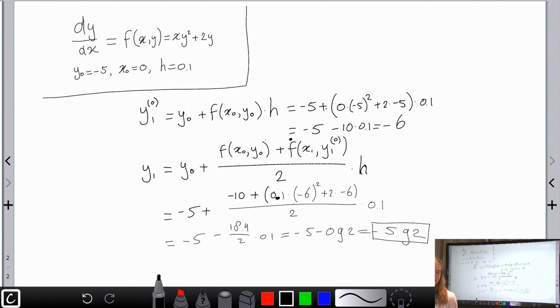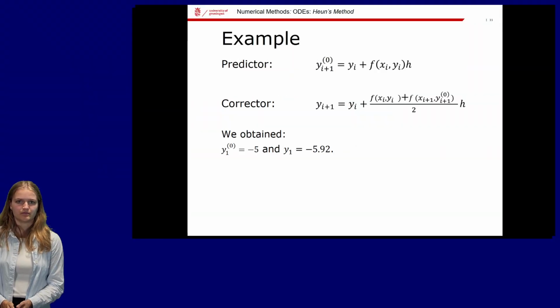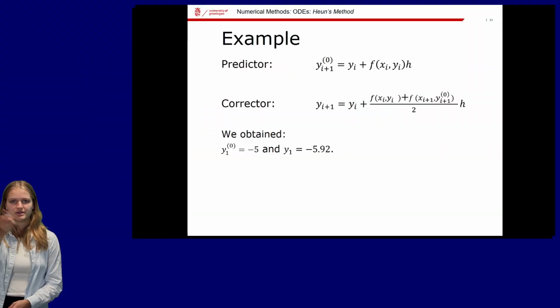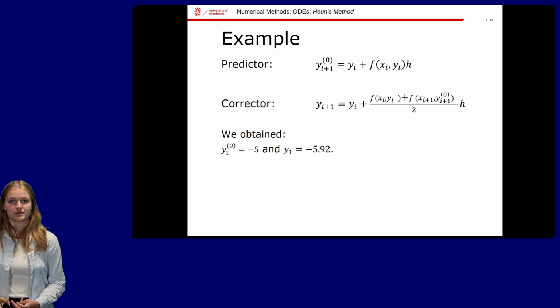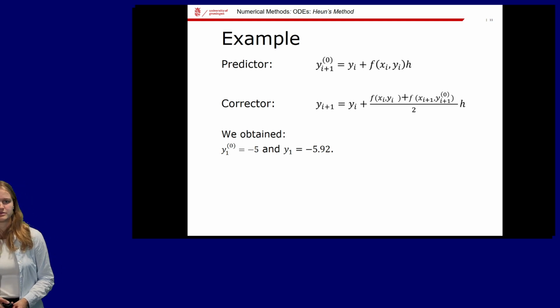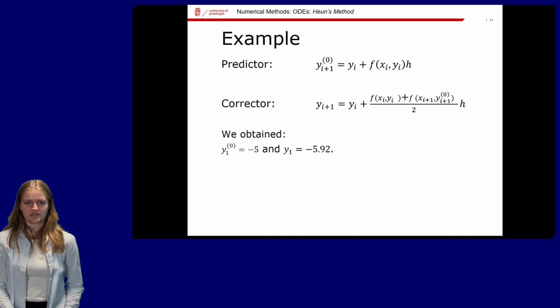And we can continue this process. So these were the predictor-corrector equations. We obtained these values for the predictor and the corrector. And we can continue this process iteratively, so we would calculate y2 from y1 and so forth.